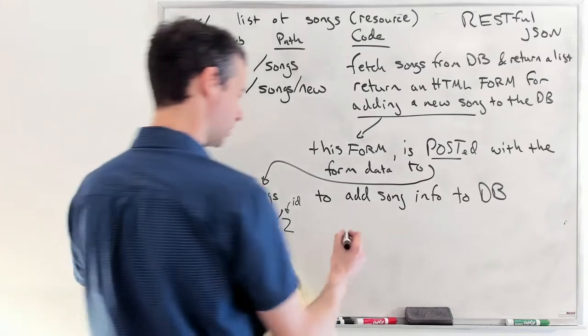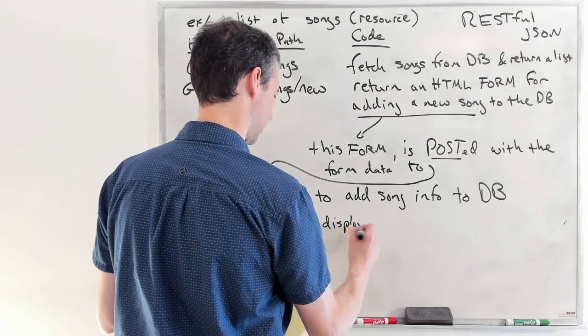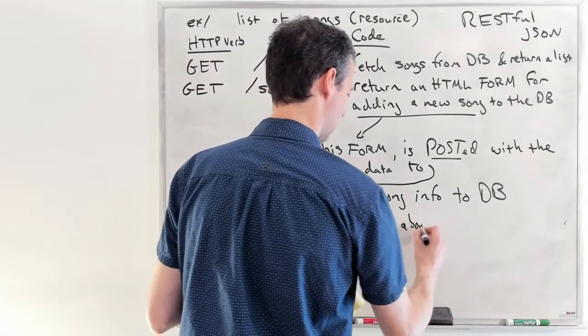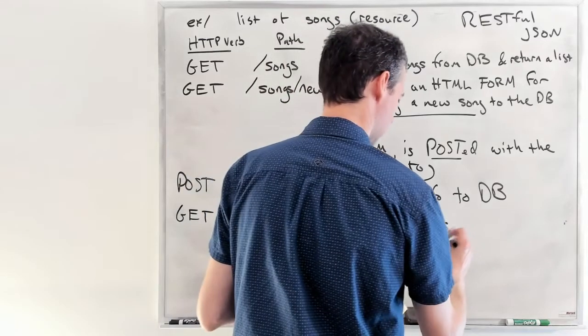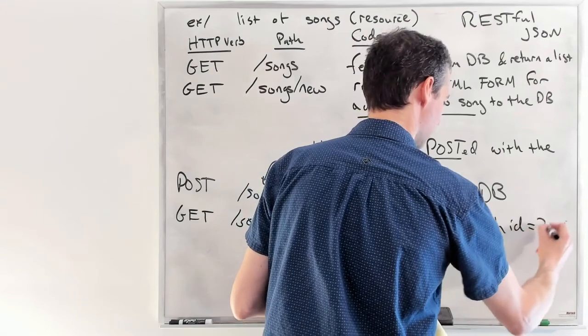And then so this means the code you're going to do here is to display info about the song with ID equals to 2.